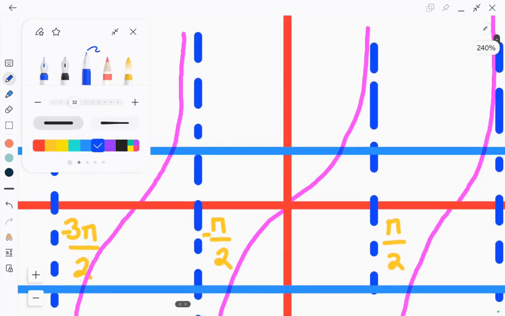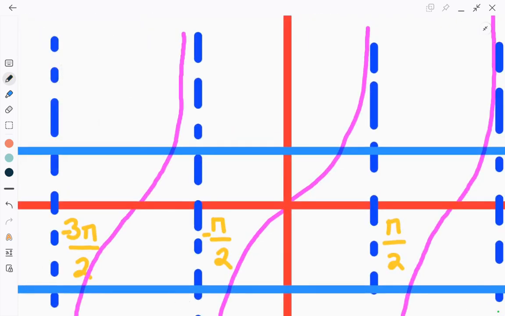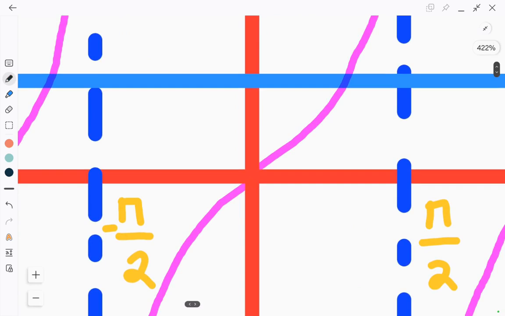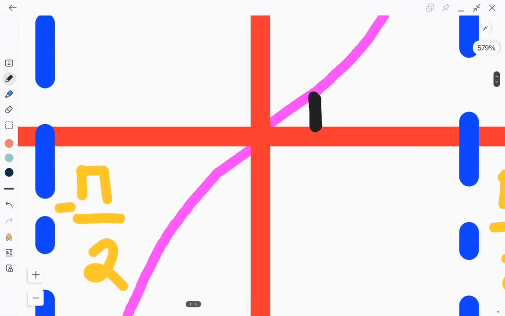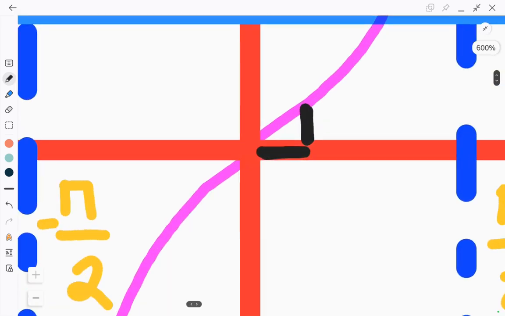Here also we can see that the line is crossing through this point. So let us consider this as a small angle, theta suppose, and on the negative axis too.